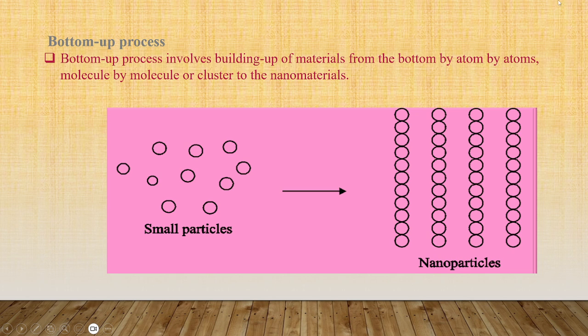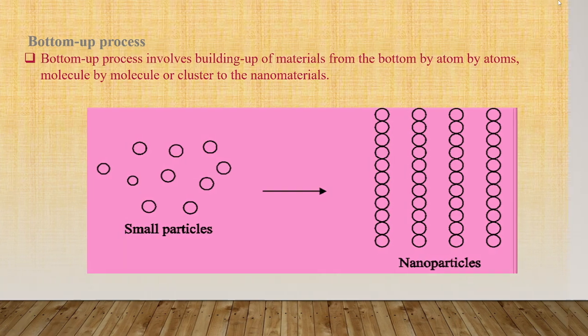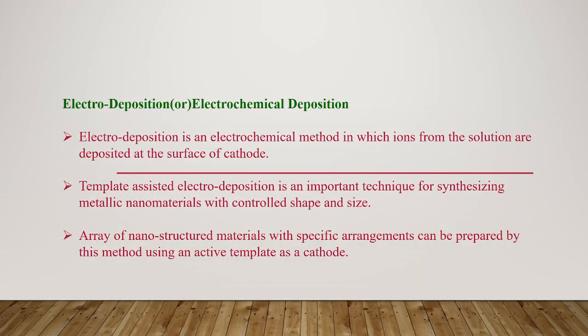So electrodeposition is also one of the bottom-up processes. Let's discuss the electrodeposition process in detail. Electrodeposition is an electrochemical method. Here, the ions from the solution are deposited at the surface of the cathode. It is similar to the normal electrodeposition process, but here we are using template-assisted electrodeposition in order to control the shape and size of the nanomaterials.